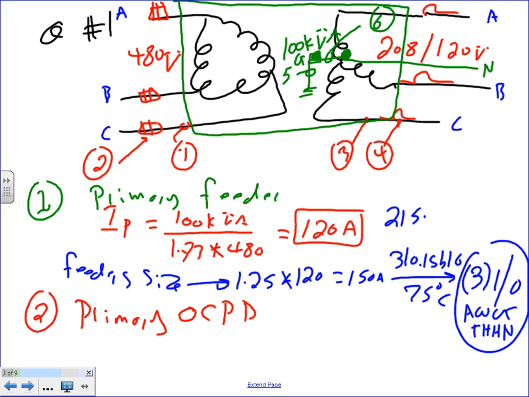This is for feeders. 215.2(A)(1) will tell you basically if it's a continuous or non-continuous load. That's how we size it.